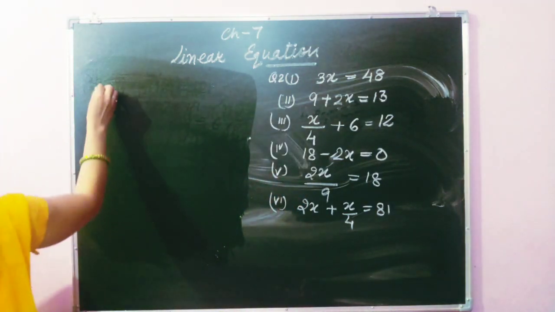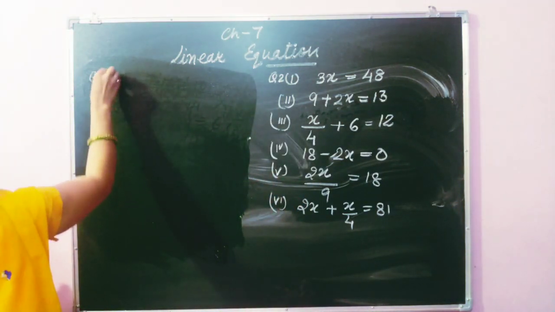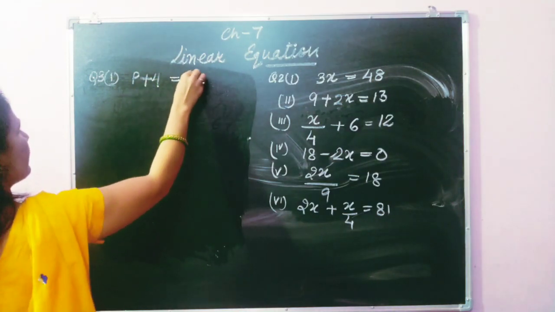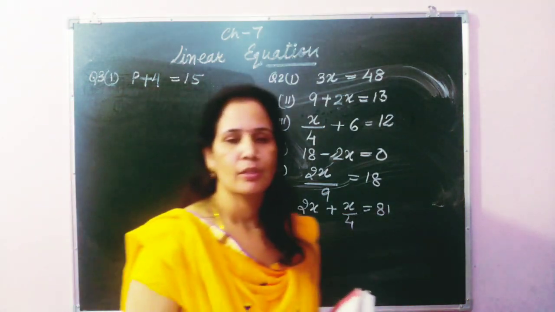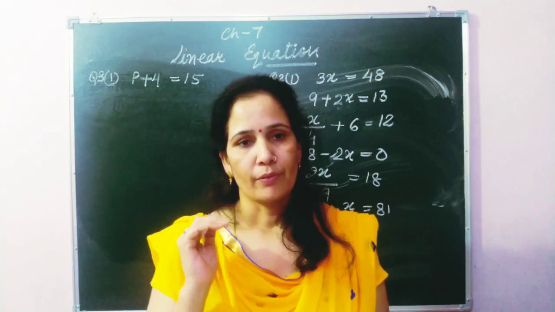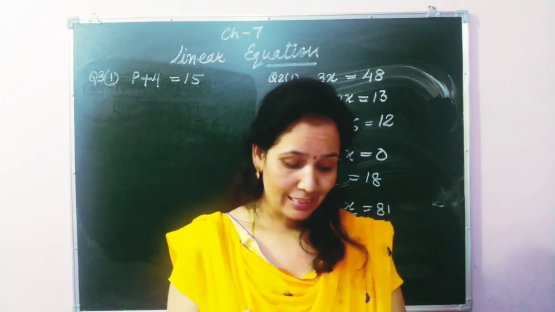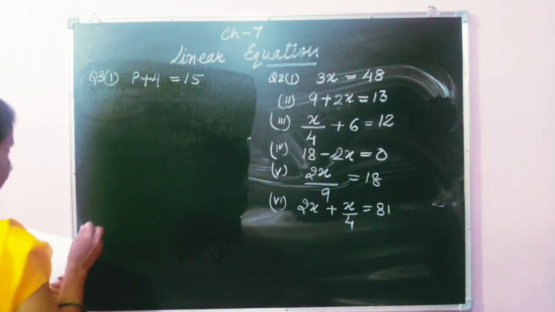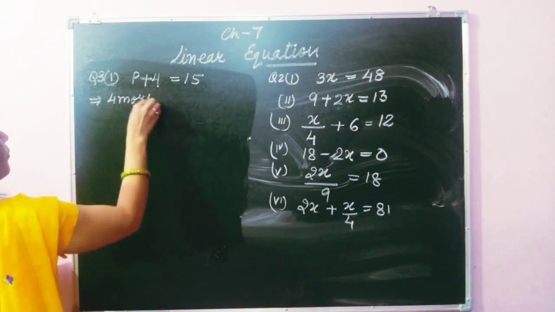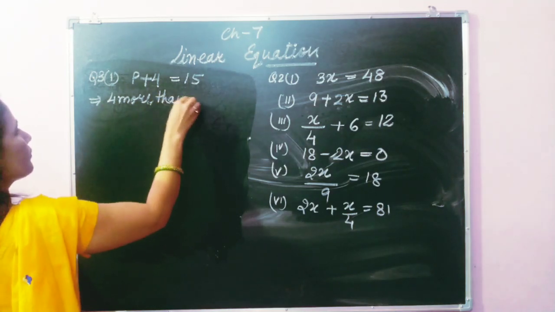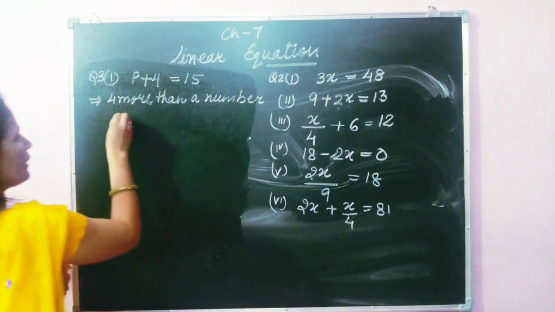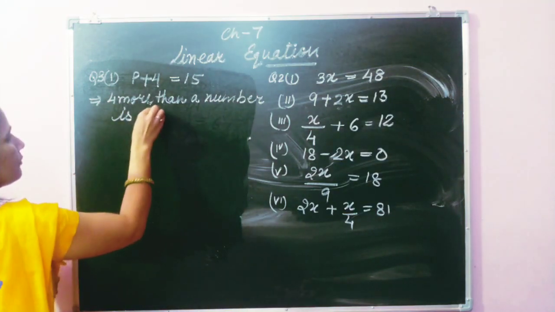How? The first one, question number 3, first one, p plus 4 equals 15. How to write this one? So we can write 4 more than a number is 15.